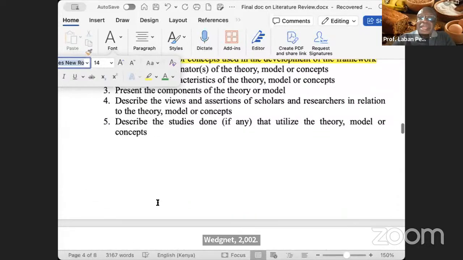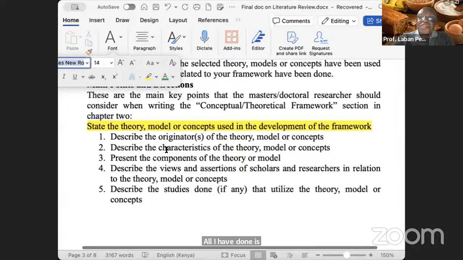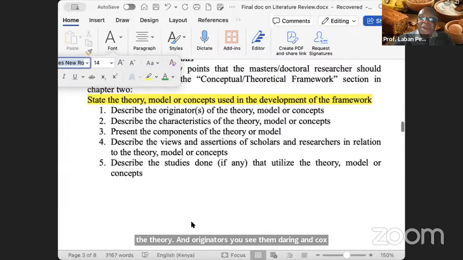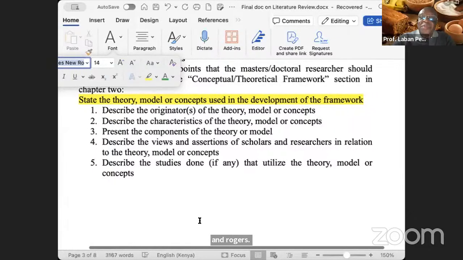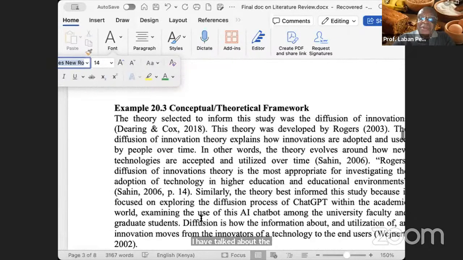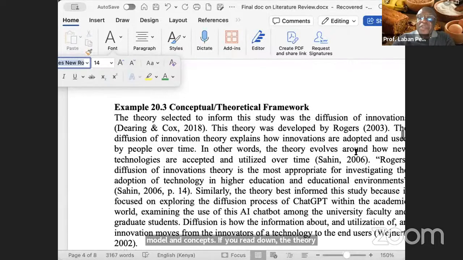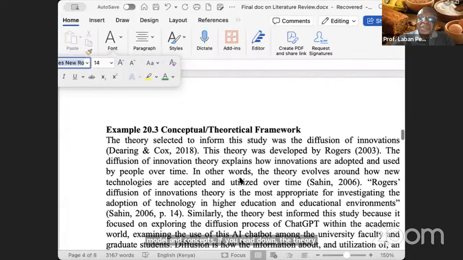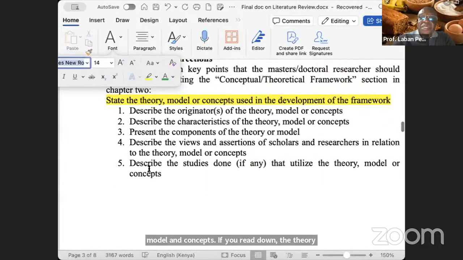all I have done is describe the originators of the theory. And the originators, you see them, Deering and Cox and Rogers. I have talked about the characteristics of the theory, model, and concepts. If you read down, the theory evolves around how new technologies are accepted and utilized over time. I've talked about the components of the theory, then described the views and assertions of scholars, then described the studies done.